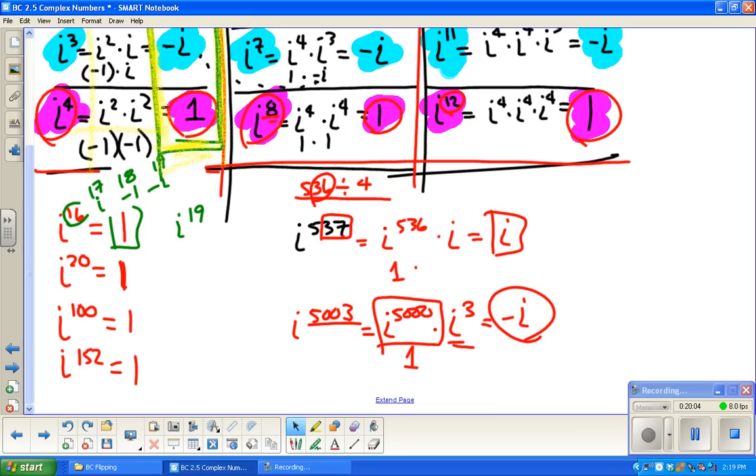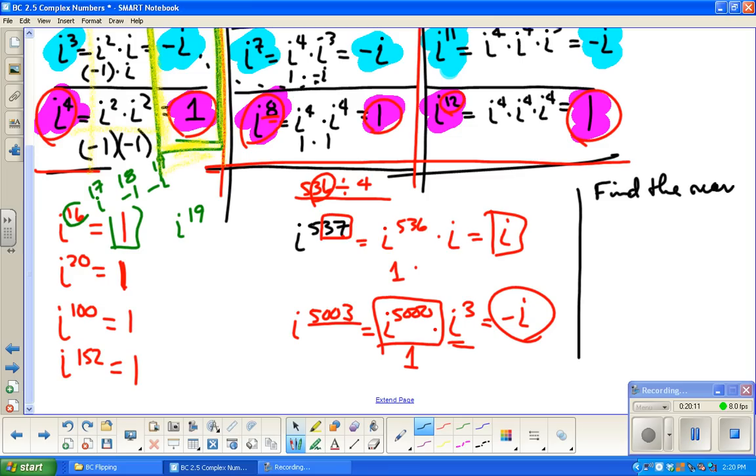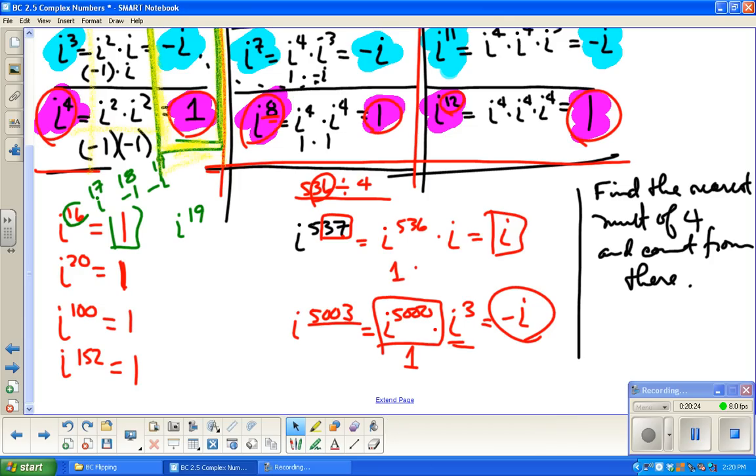Okay, so here's the short version. Find the nearest multiple of 4 and count from there. Any i to a multiple of 4 is going to be 1.